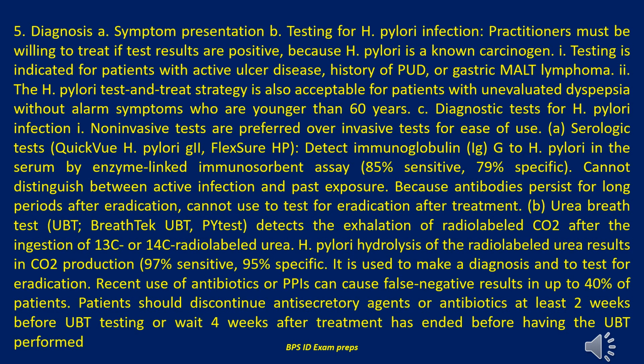It is used to make a diagnosis and to test for eradication. Recent use of antibiotics or PPIs can cause false negative results in up to 40% of patients. Patients should discontinue anti-secretory agents or antibiotics at least 2 weeks before UBT testing or wait 4 weeks after treatment has ended before having the UBT performed.